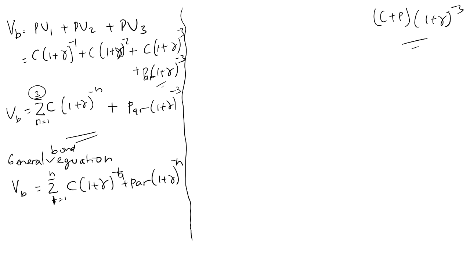Yeah, T equals 1. Okay, so this is T, minus T time. So time is running from 1 to N.